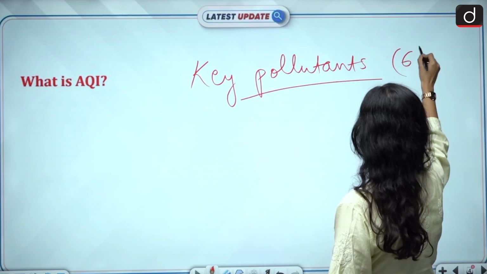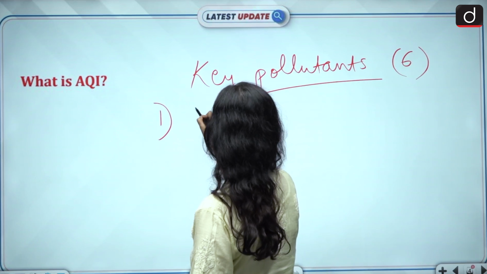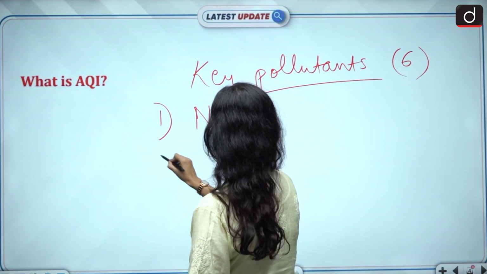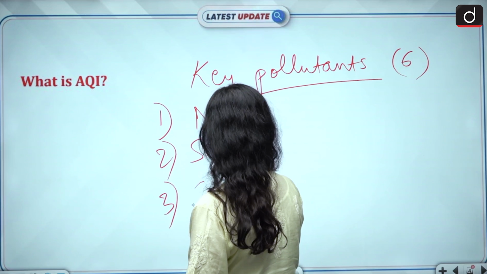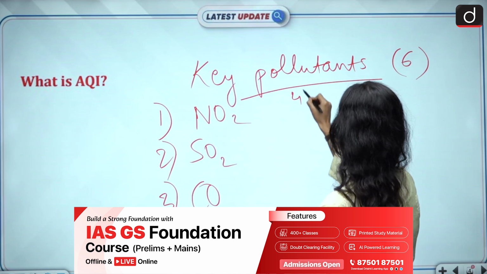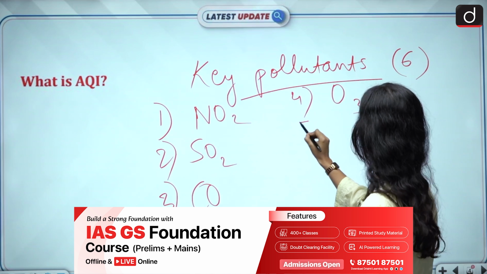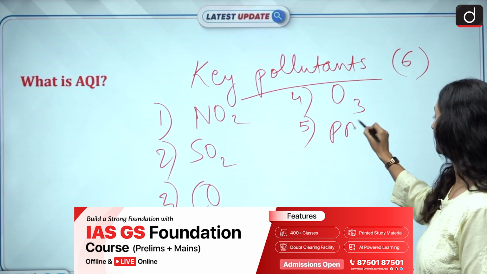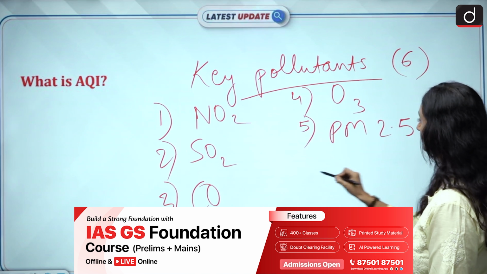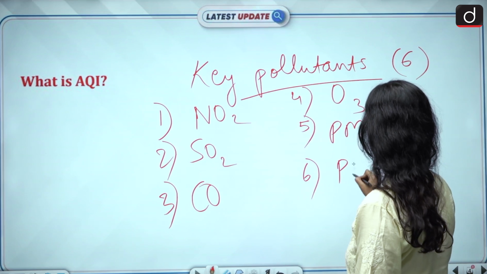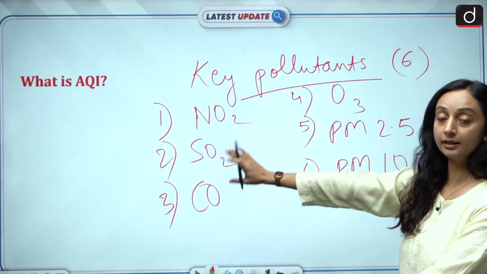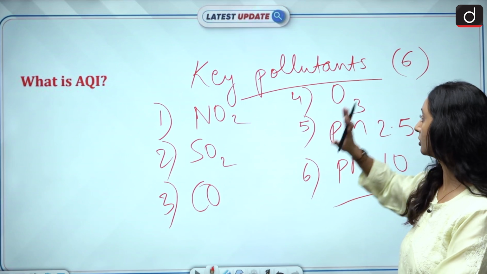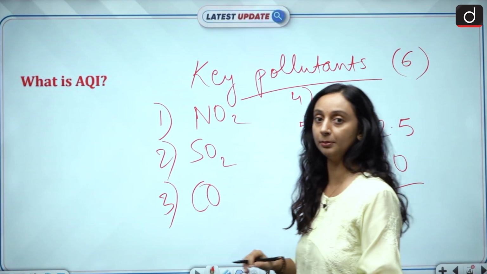There are 6 key pollutants: nitrogen dioxide, sulfur dioxide, carbon monoxide, ozone, PM 2.5 and PM 10.